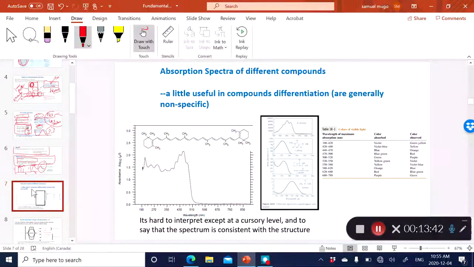And so as I've said, if I've got a molecule such as beta carotene here, I think it is, I'm going to have a very non-characteristic type of spectrum, because the molecule is very, very complex. There are so many possible transitions that would take place in this case.